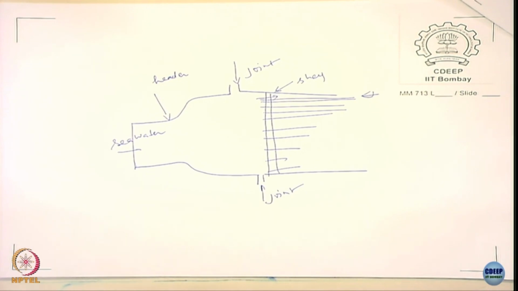So here the coolant is the seawater, flowing through the headers and then through the shell, and in the tube, I think there is some process liquid in a given refinery actually, okay.